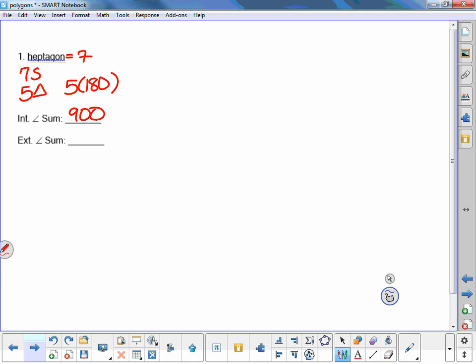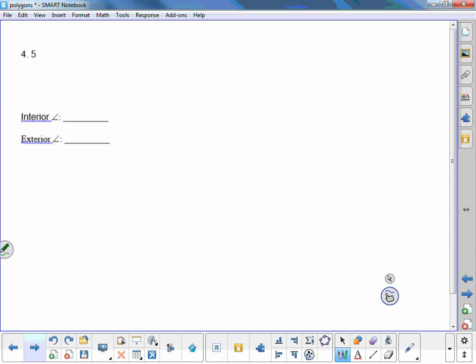That is all my interior. Remember I told you, all the exterior, it does not matter how many sides it is, all the exteriors always add up to 360. So it's 360 for all the exteriors.